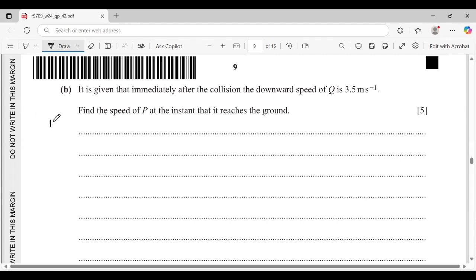So momentum before equals momentum after.